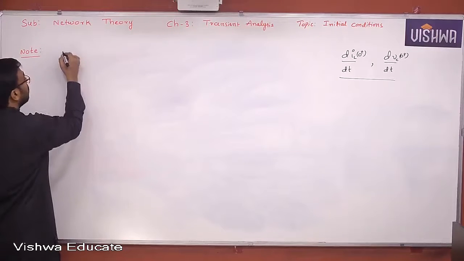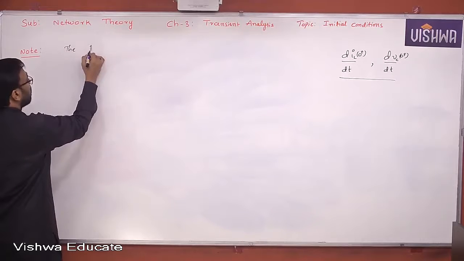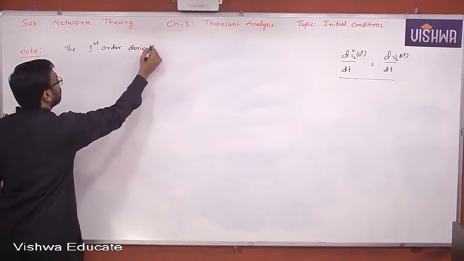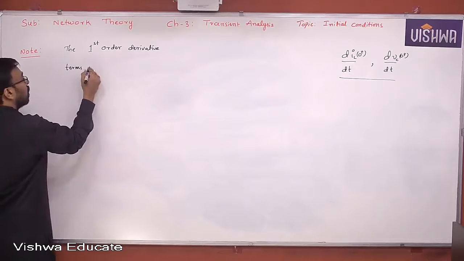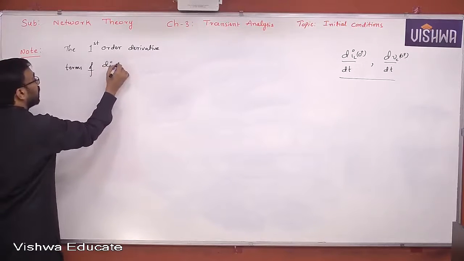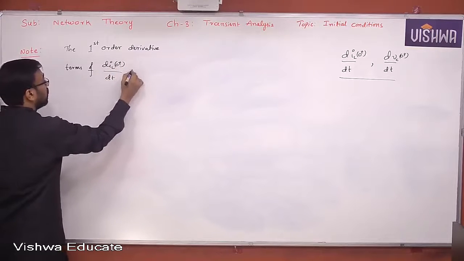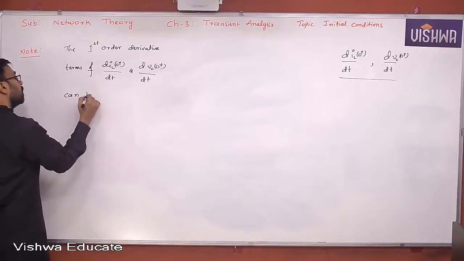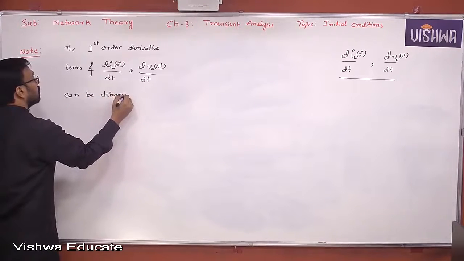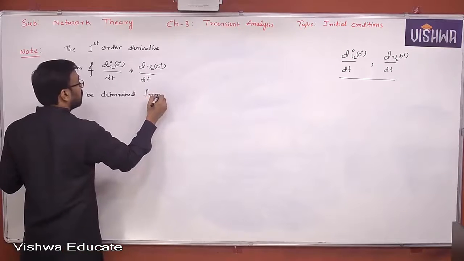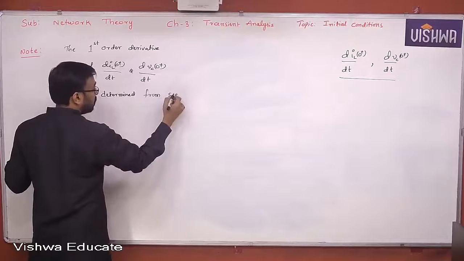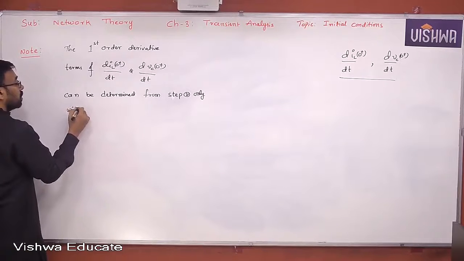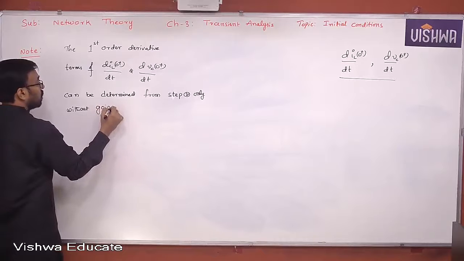Put a note and write down. The first order derivative terms of dIL of 0 plus by dt, it's very clear, where I is current through inductor, and dVc of 0 plus by dt can be determined from step 2 only, without going for step 3.